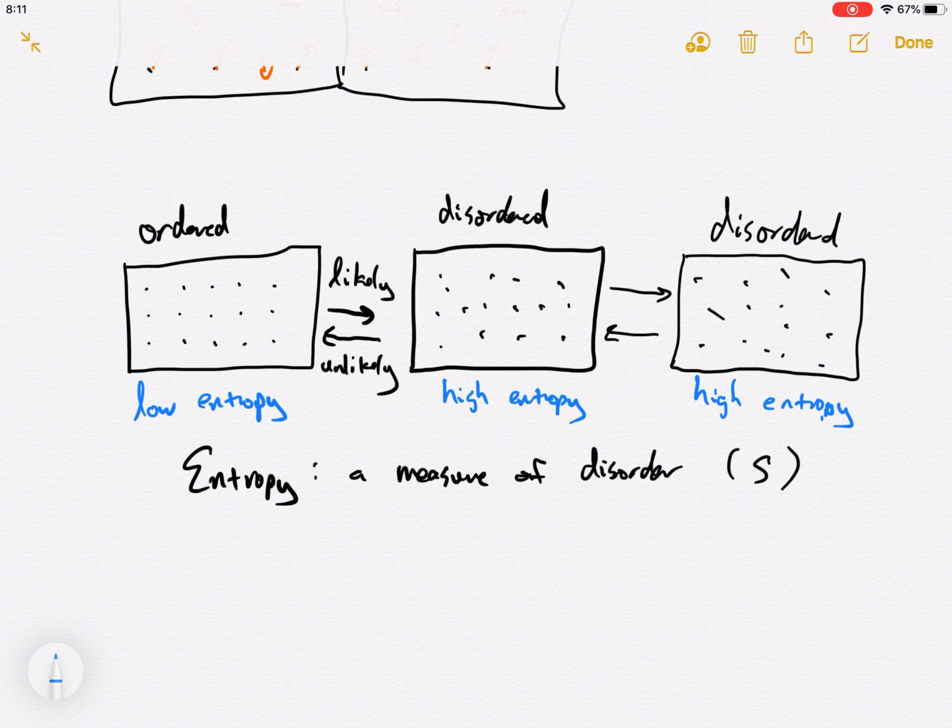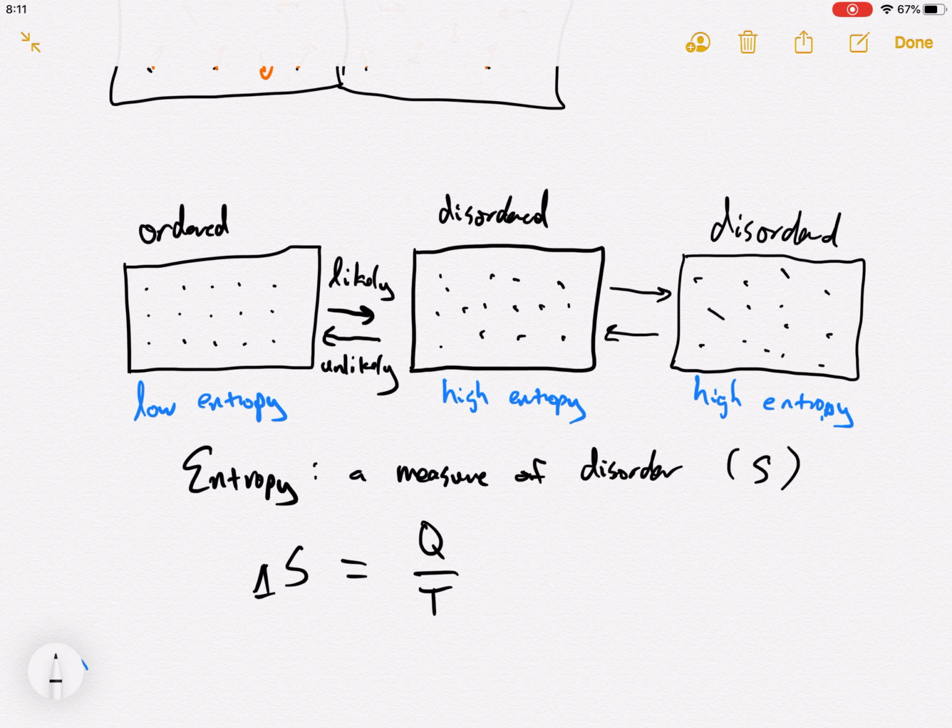Okay, let me give you one more definition. You can calculate entropy, or at least change in entropy, as heat transferred divided by the temperature at which it's transferred. We're not going to do a whole lot of math with this.